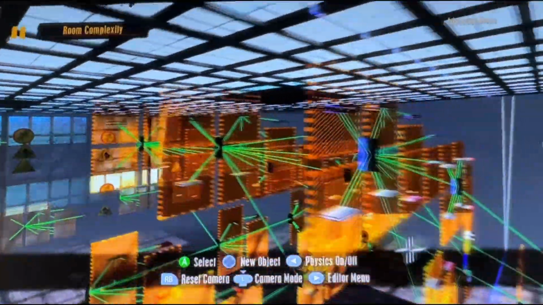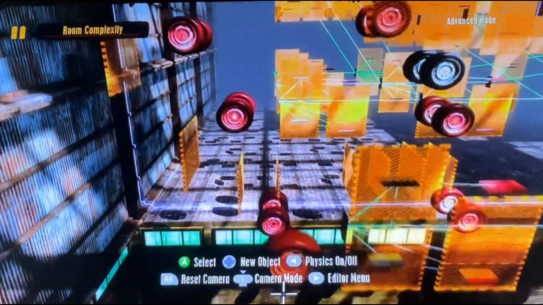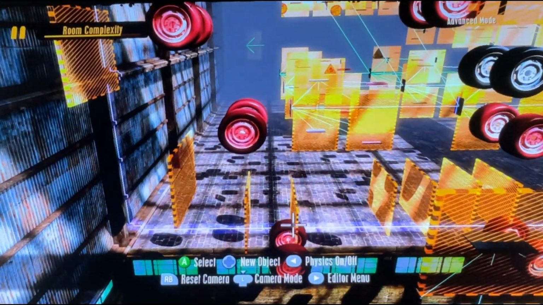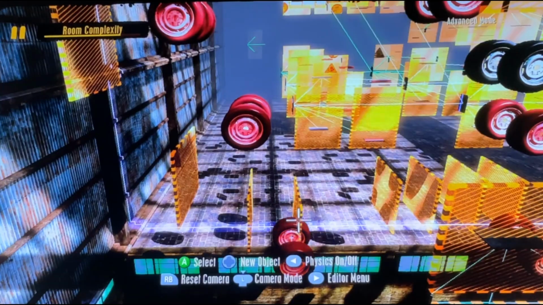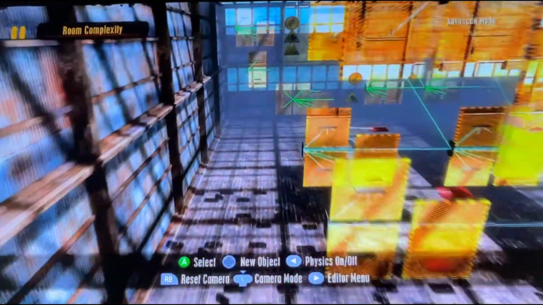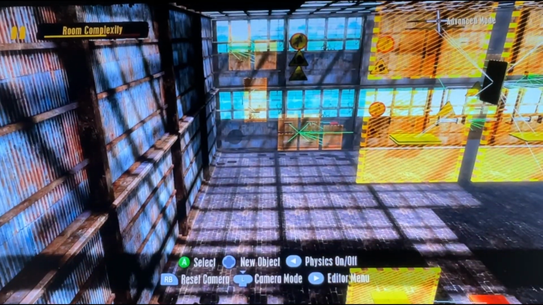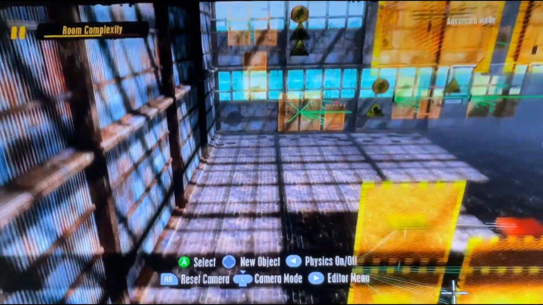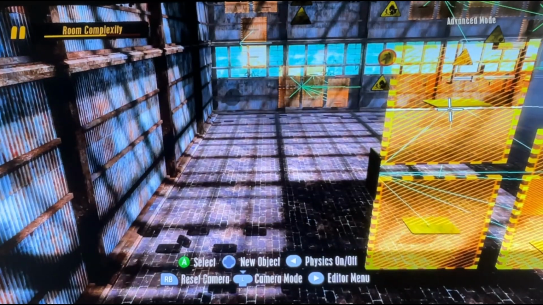So back here, if we come to our input, we have these falling tires. We can see that I believe it would probably be this tire right here that is activating this trigger. And this trigger gives physics to this sign and this sign down here.